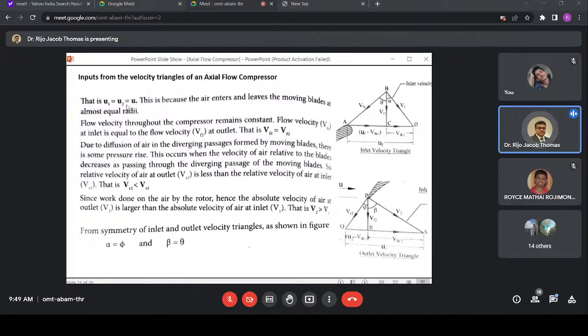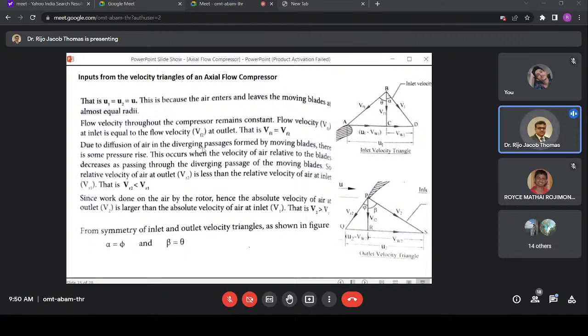So U1 is equal to U2 is equal to U. So this length would be the same, U1 and U2 for both the ends. The flow velocity through the compressor remains constant. Okay, so this VF1 and this VF2 would be the same. So the flow velocity would be the same. We have seen this in the graph also, the velocity remains the same.